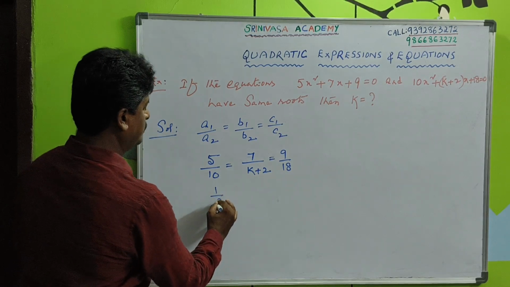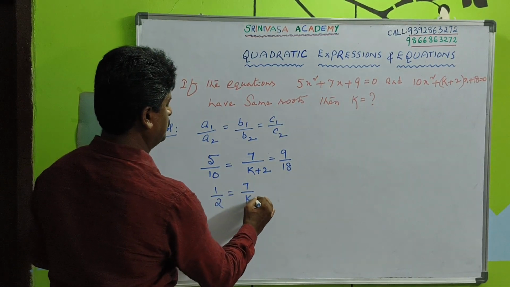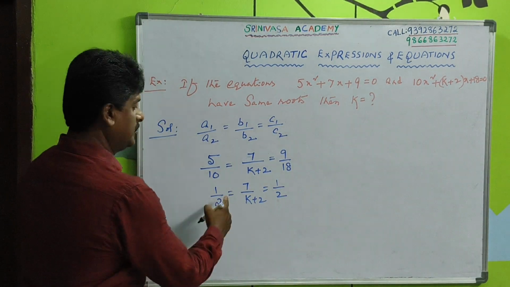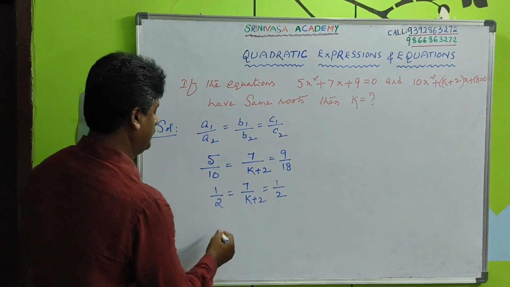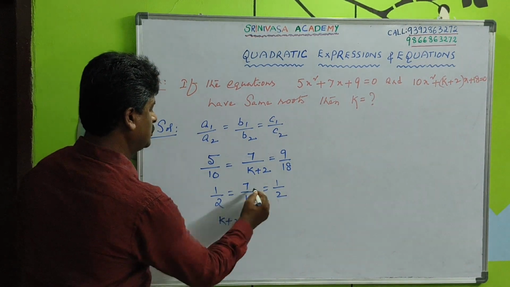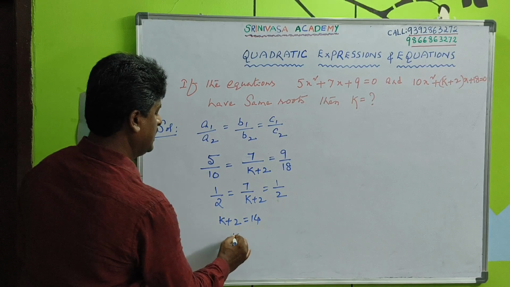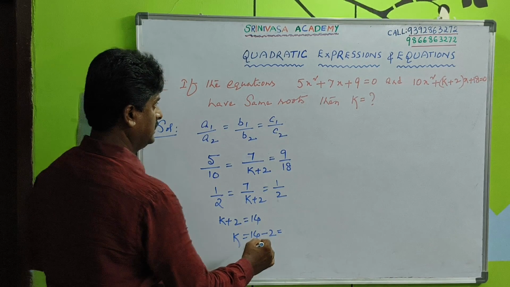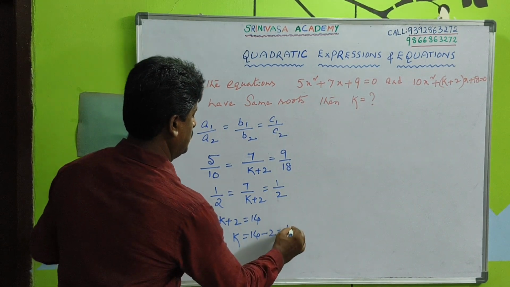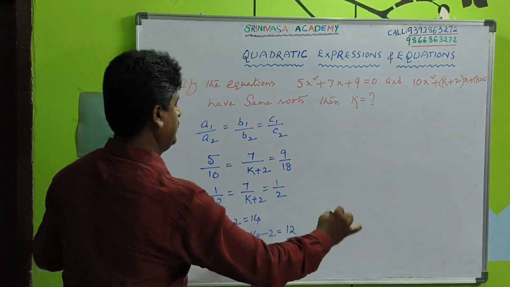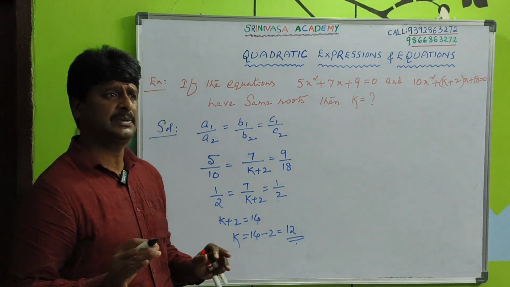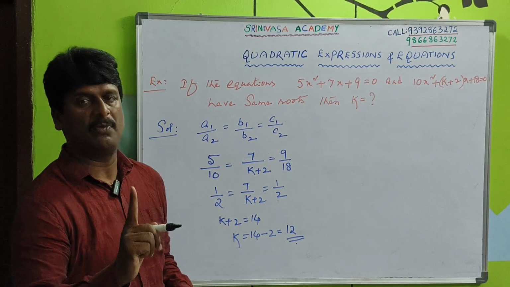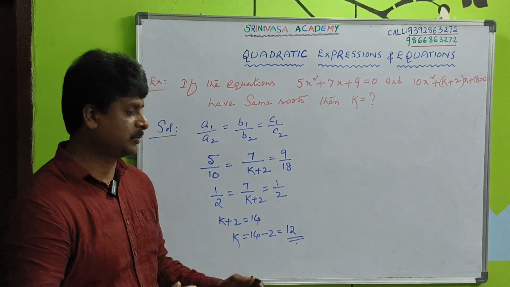That is 1 by 2 is equals to 7 by k plus 2. Of course here also 1 by 2. By cross multiplication using first and second or second and third, whichever you like, k plus 2 is equals to 14. K is equals to 14 minus 2, that is 12. This is the k value. Okay, a very simple condition when compared to one root in common. Okay, let's go to the next concept.